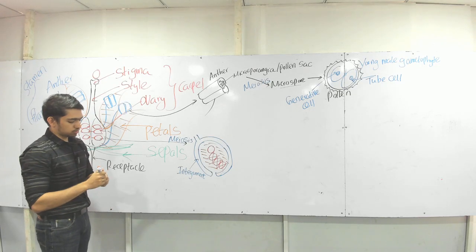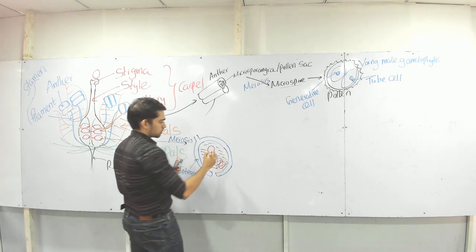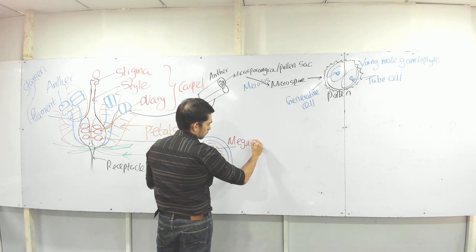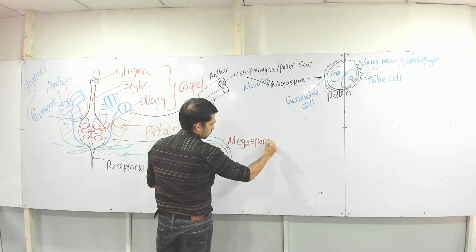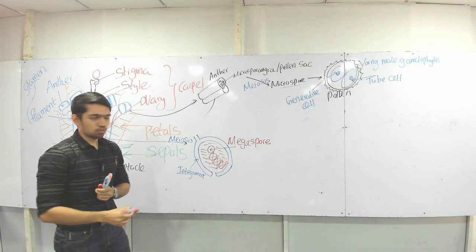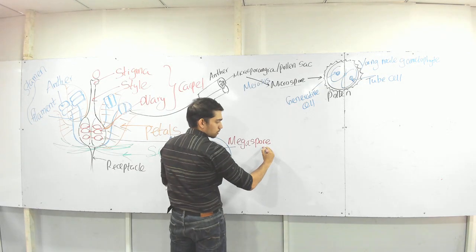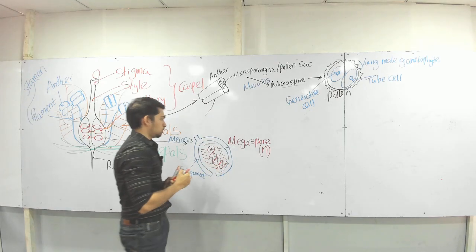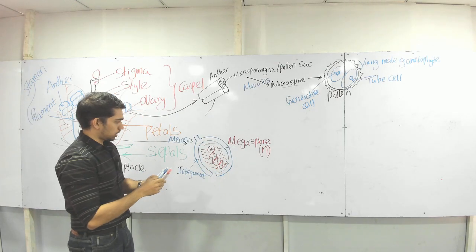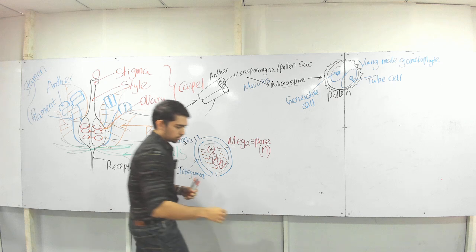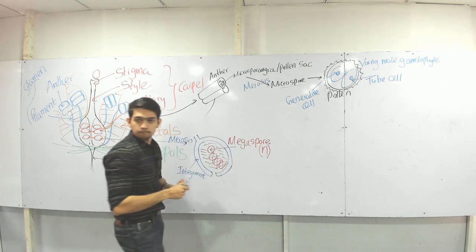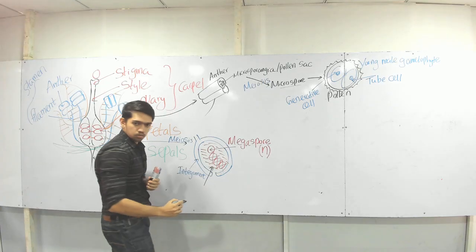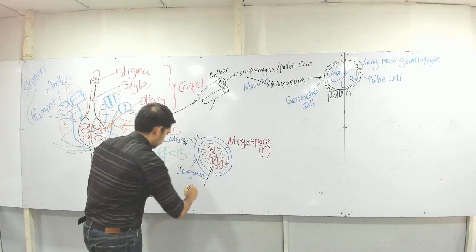Meiosis of the megaspore mother cell is going to produce haploid megaspores. What is the orange colored thing? That is providing nourishment. At this point, what is that? Megasporangium.